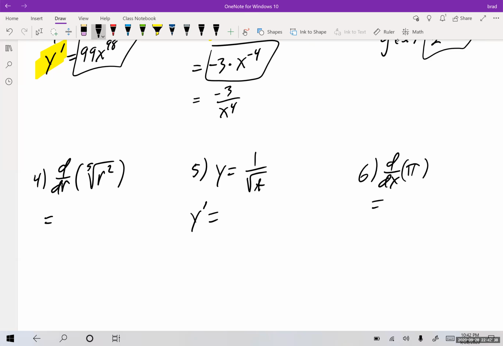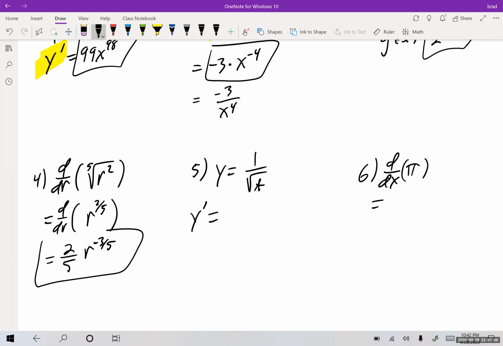So first things first, I'm going to take the derivative of this, but I'm going to rewrite this as r to the 2/5 because I know how to work with exponents, but I'm not as good with radicals just yet in my derivatives. Rewriting them as exponents is much better. So now this is going to be 2/5 r, and now I subtract 1, so wouldn't it be -3/5?